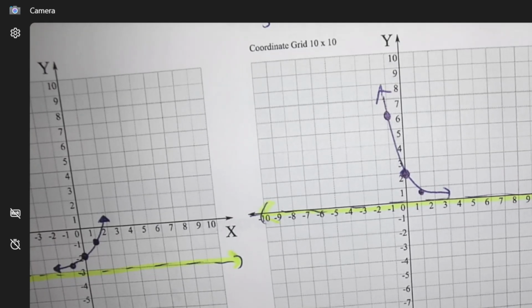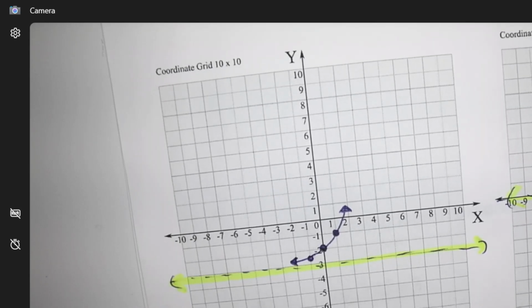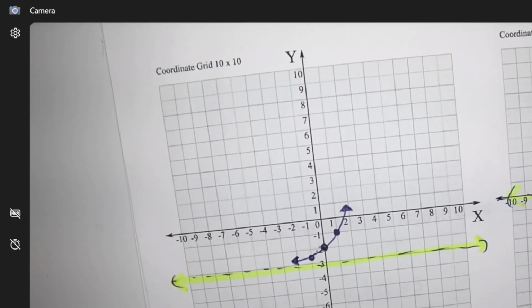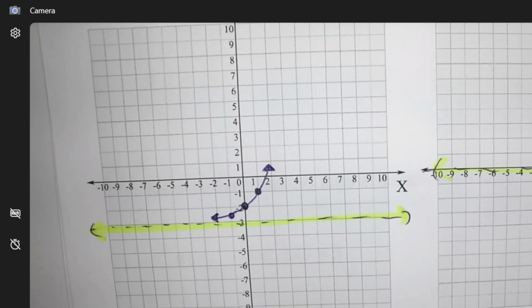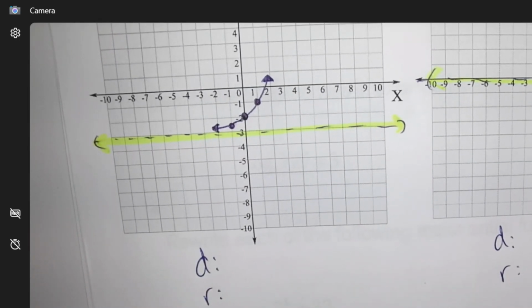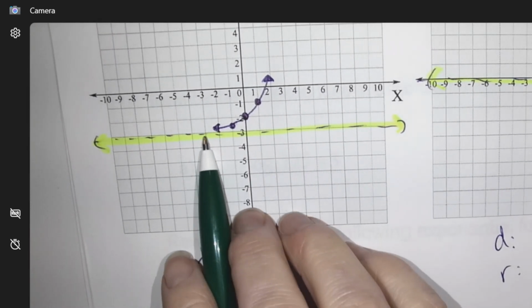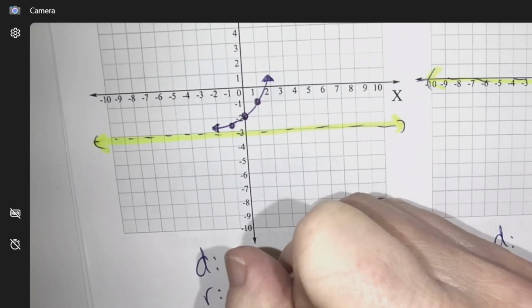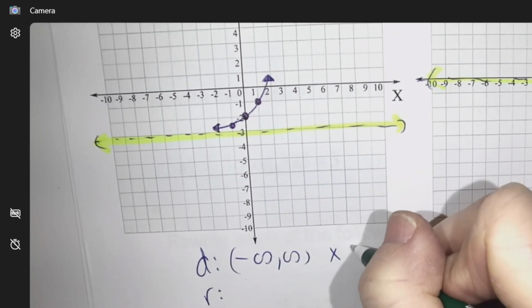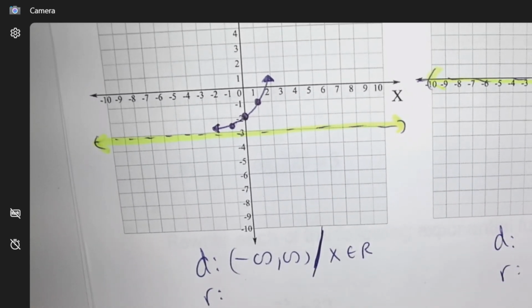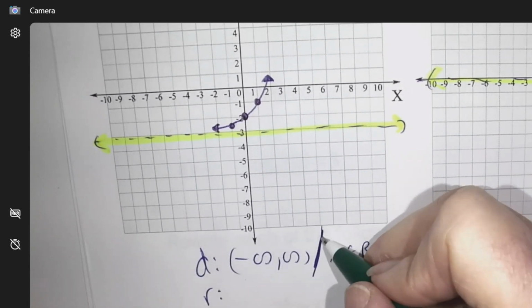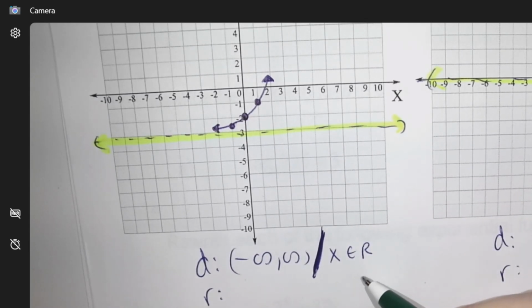Okay. Do you understand domain and range? Do I need to do that for these questions? Or are we good? Oh, it says to do it, so we should actually just do it. Okay, domain, left, right. I don't care how you write it. You could do negative infinity to infinity. You can do x ∈ R. And the range is restricted.